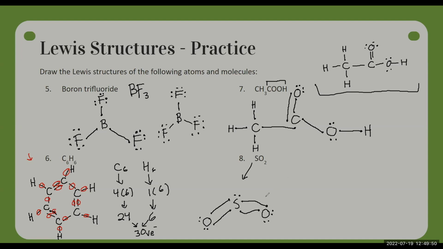So we would end up getting a structure that looks something like this if I were to clean this up. So this would be one possible structure of sulfur dioxide.